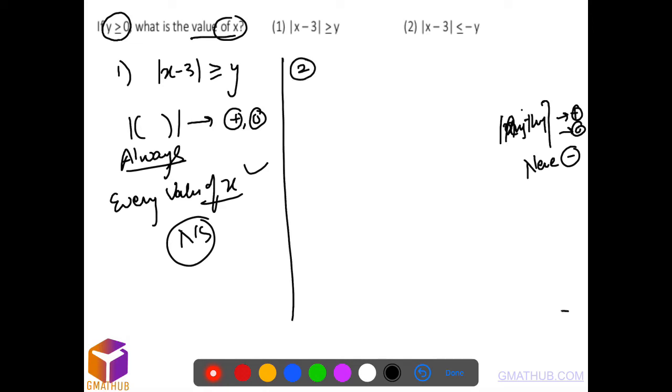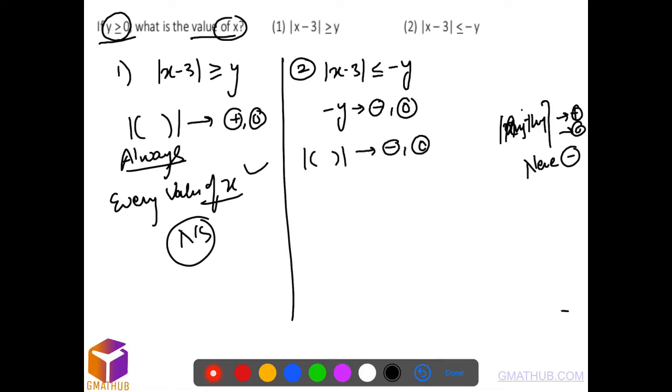Second statement, mod of x minus 3 is less than or equal to minus y. Now minus y can be negative or 0, because y is either positive or 0. So it tells me that mod of something could be negative or 0. Now every statement is like a fact. We need to take cases when it is true.